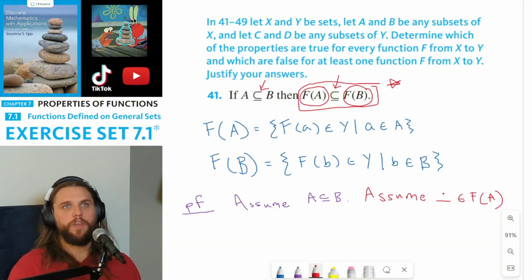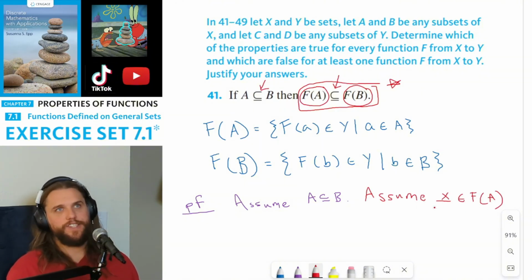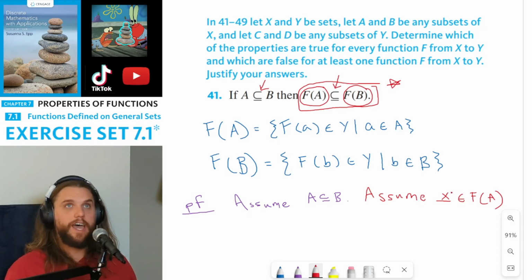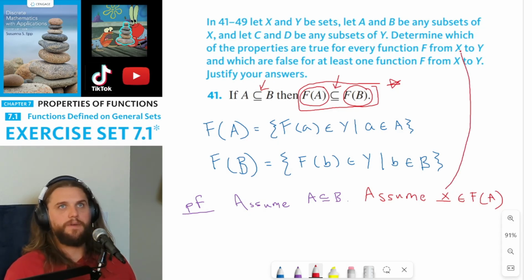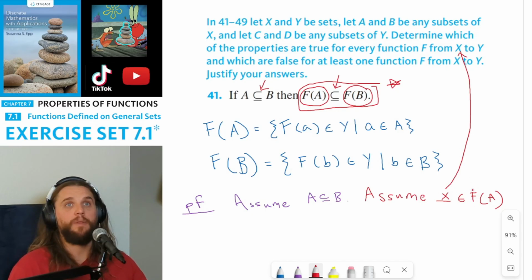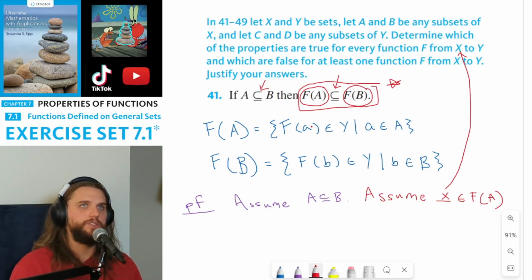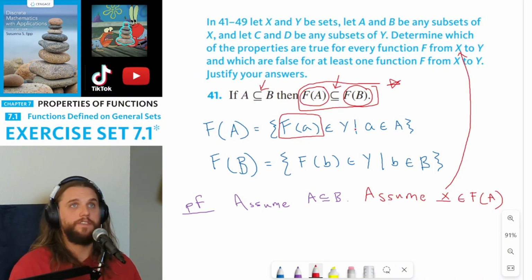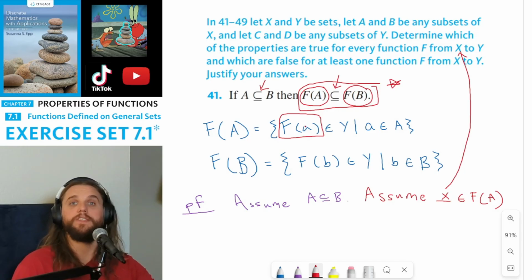Now, normally, we choose elements like lowercase x here. The problem is that x really looks like an element from capital X, and that's not what we're saying here. We're saying that this thing has to be an element of capital F of A, and that's where we go to the function notation. If you notice, on the left side of this vertical line, we have a representation of what the elements in the set look like.